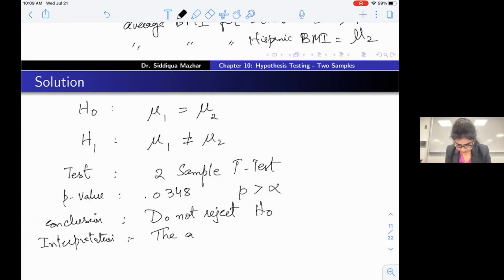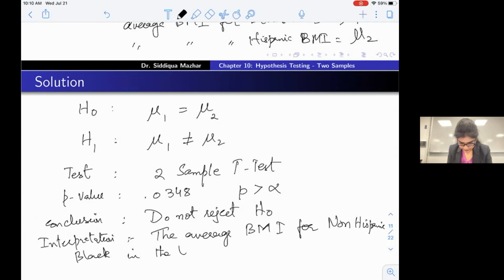The average BMI for non-Hispanic Black people in the US is close to, we are not rejecting.